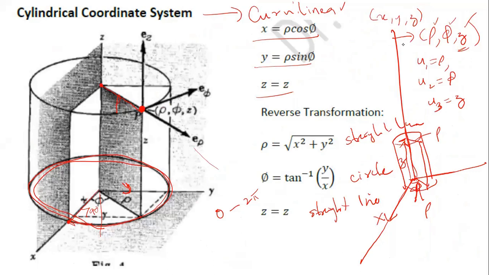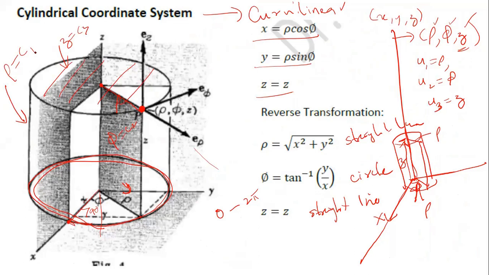The coordinate surface for z equal to C3 is a certain constant plane like this, and this is your phi equal to C2 surface, and your curved surface is rho equal to C1 surface.